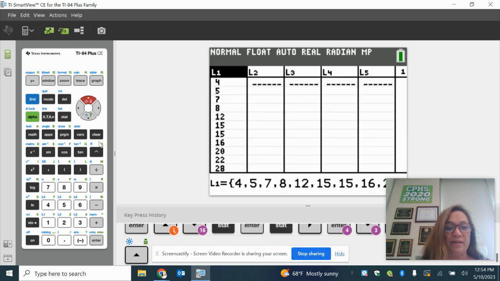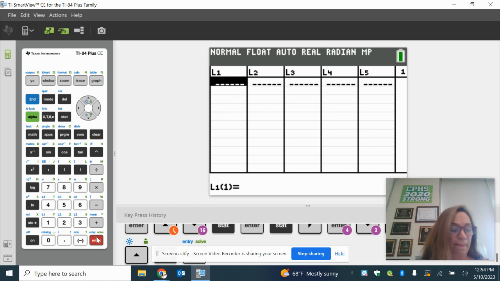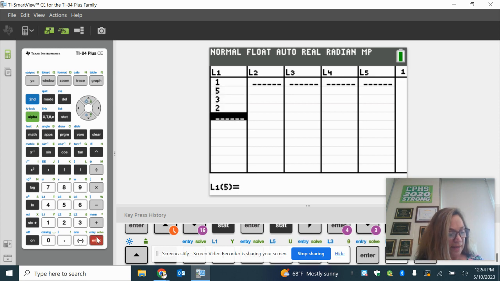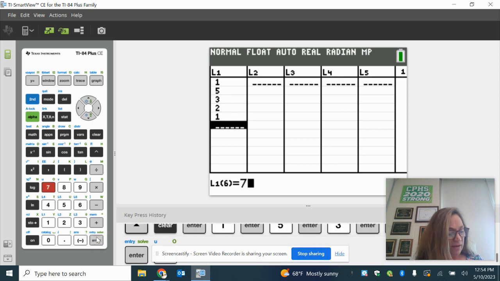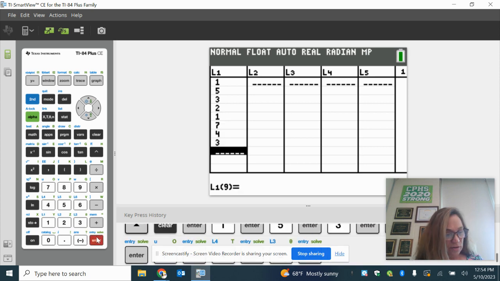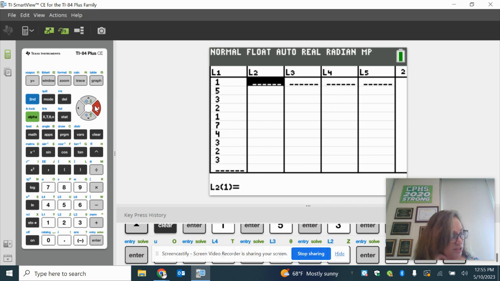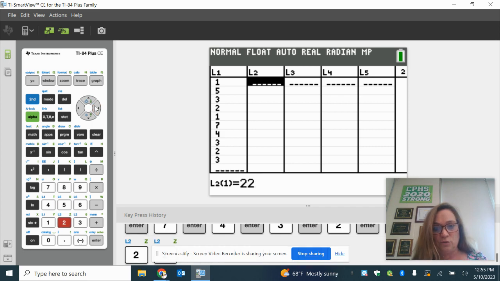I'm going to go above and hit clear, enter. Okay, so I'm entering this data. 1, enter. 5, enter. 3, enter. 2, enter. 1, enter. 7, enter. 4, enter. 3, enter. 2, enter. 3, enter. All right, I'm going to double check that in a minute because you have to double check that.